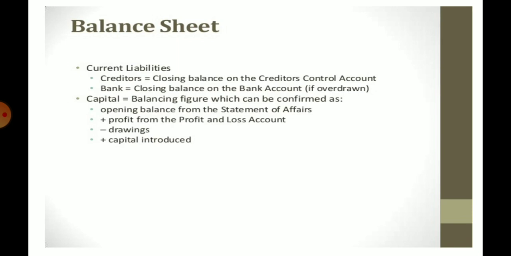Capital is the balancing figure which can be confirmed as the opening balance from the statement of affairs plus profit from the profit and loss account, less drawings, plus capital introduced.